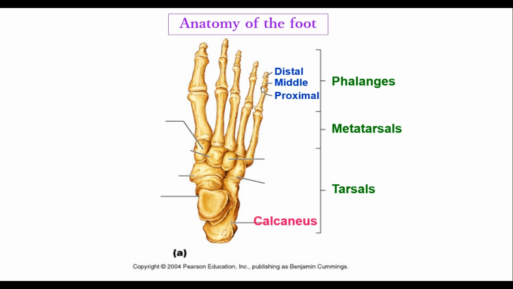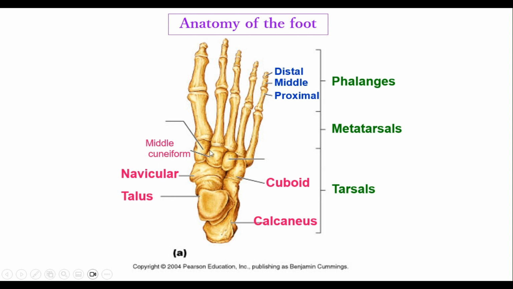Starting with the first tarsal bone, this is the calcaneus, which is the bone in the heel region. This is the talus. This right here is the navicular, which looks like an N. This right here is the cuboid. Then we have the cuneiform family.